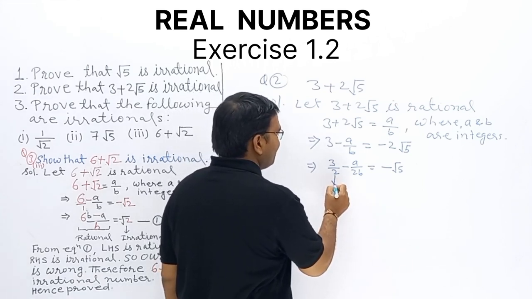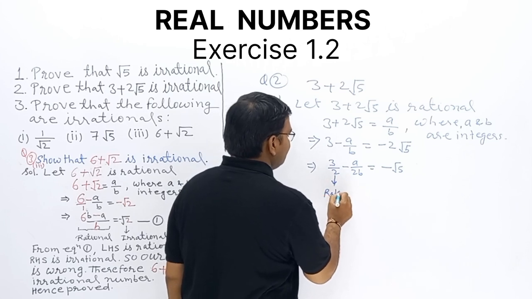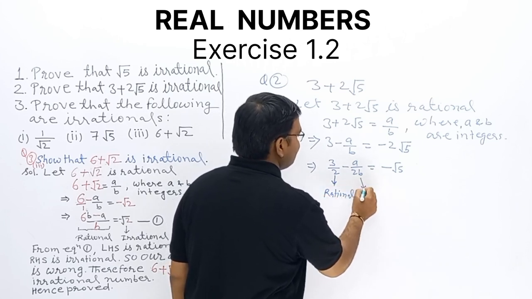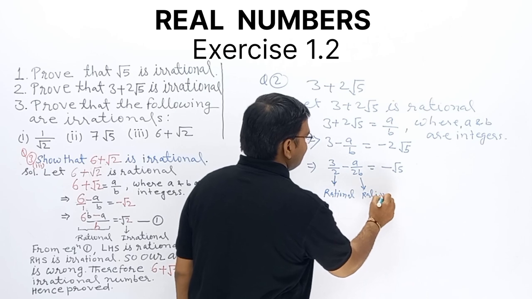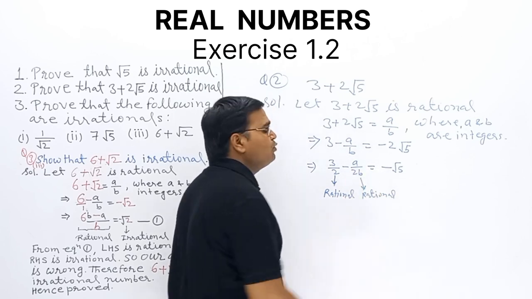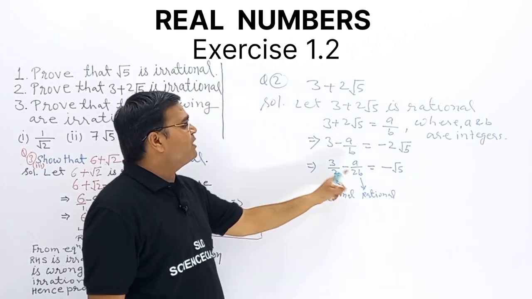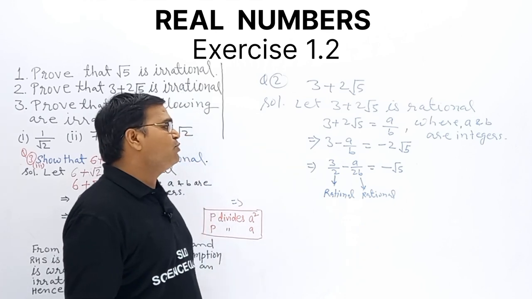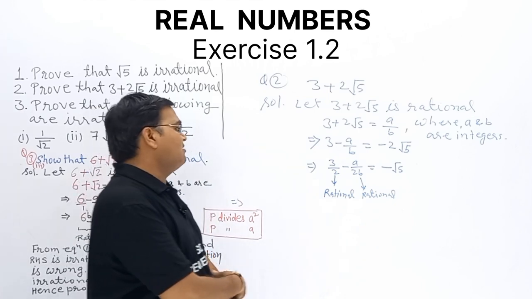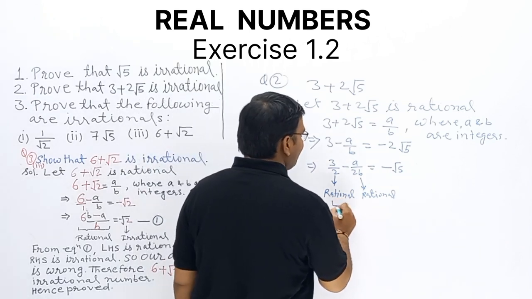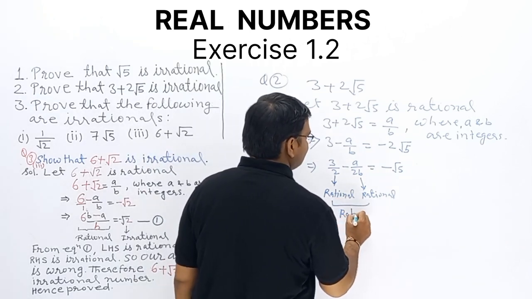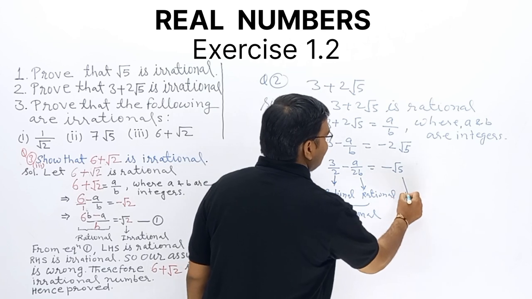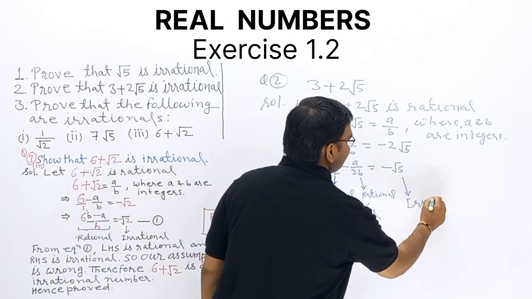This is rational, this is rational, this is rational, and addition and subtraction of two rational numbers will be rational. So this side we have a rational number, and this is irrational.